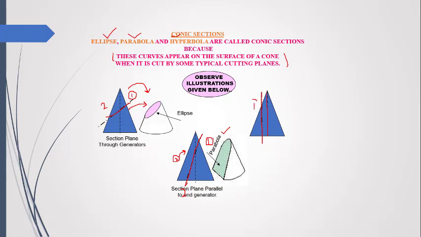Generator number 1 has been cut while generator 2 is not touched. So the cutting plane line is parallel to the axis of the cone. The section which we have acquired is a hyperbola.